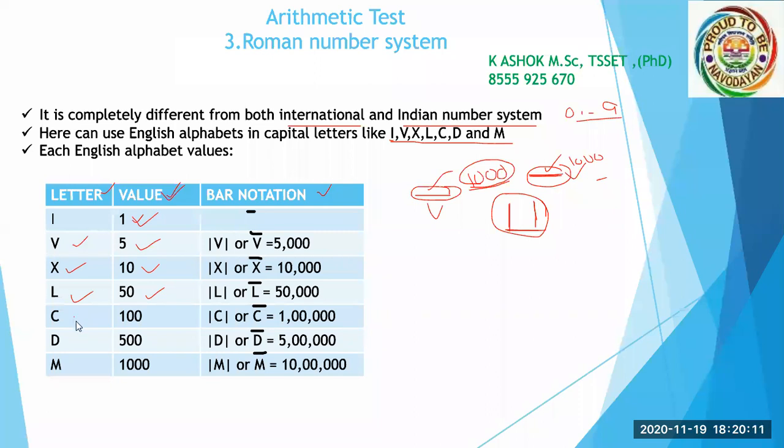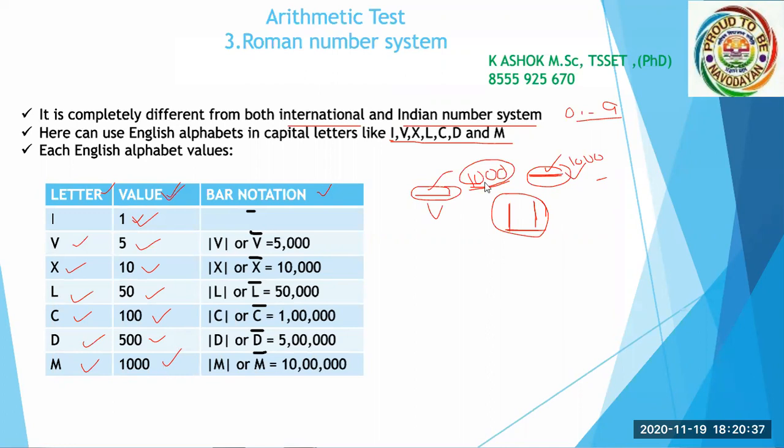The value of C is 100. The value of D is 500. The value of M is 1000. Very important: the value of M is 1000.